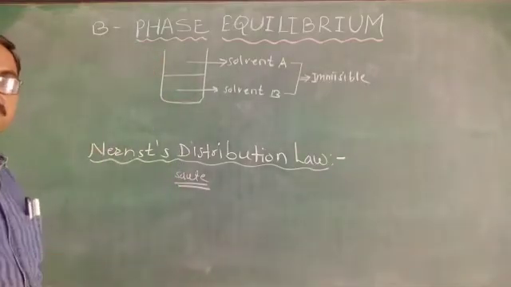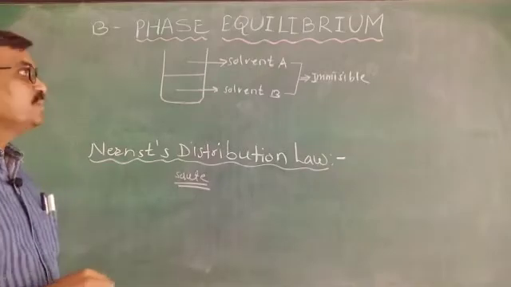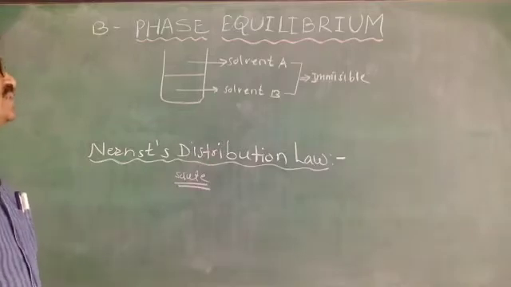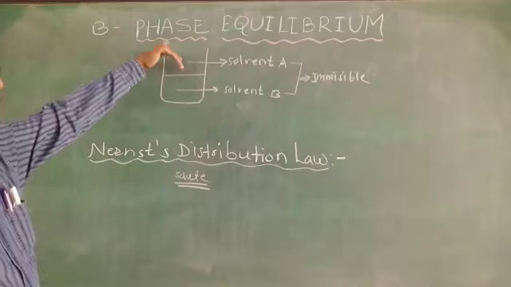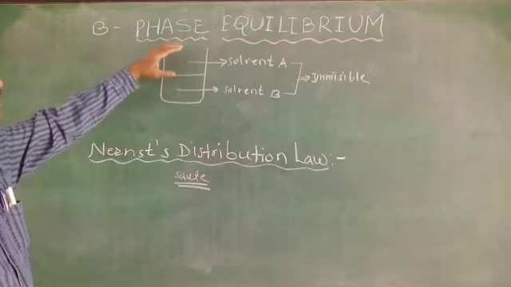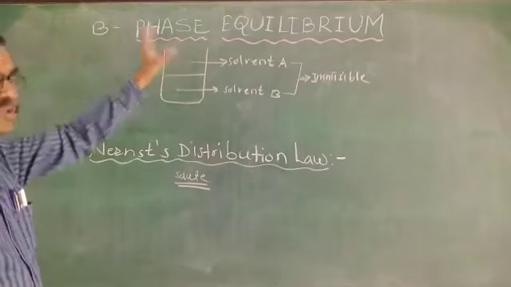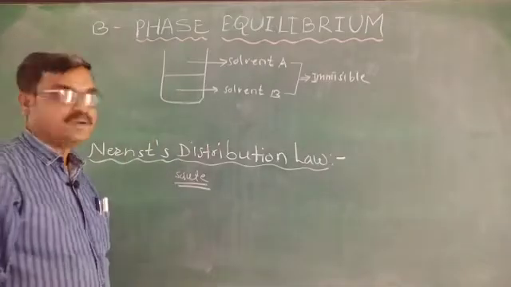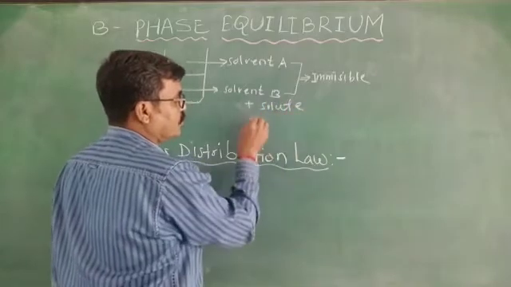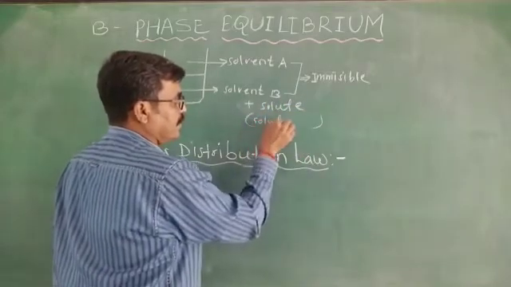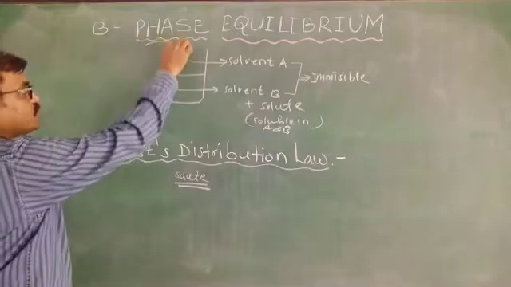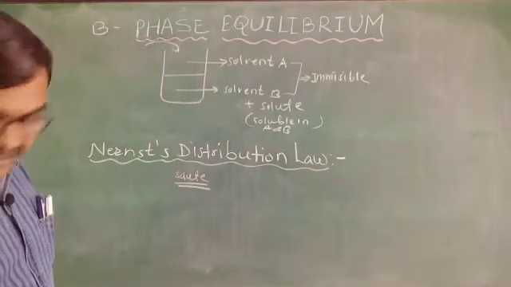That solute is taken in such a way that it is soluble in A as well as soluble in B. Means if we add a definite quantity of solute, chosen in such a way that this solute partitions or distributes in both solvents, or dissolves into both solvents, which is soluble in A and B, then what happens after the addition?